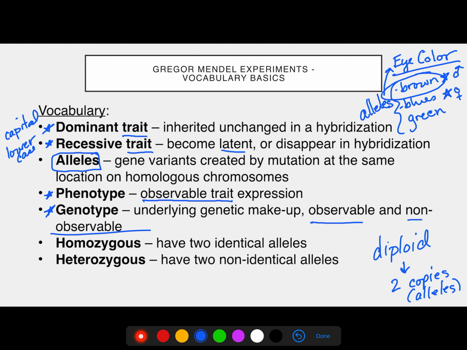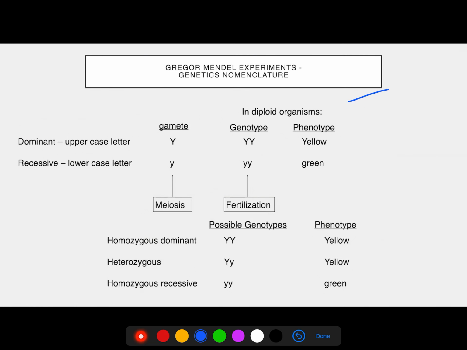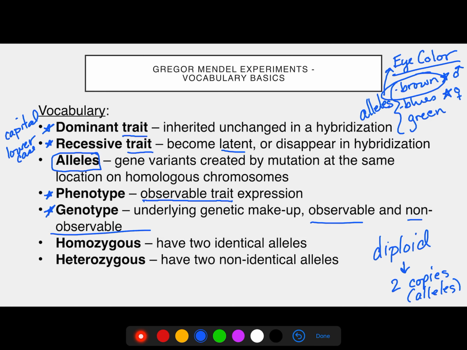So, for instance, if we're still using the brown eyes, blue eyes example, someone that was homozygous, or has two identical alleles, if we use capital B for brown and lowercase b for blue, then someone that's homozygous dominant, that means they have two identical alleles of the dominant.